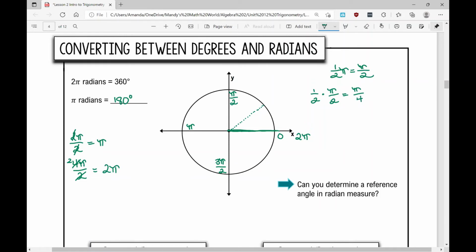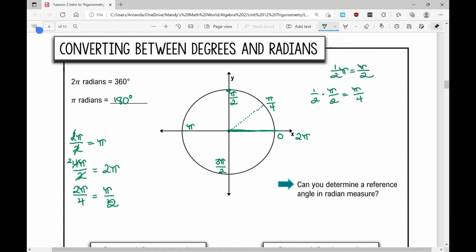Now let's count by fourths. Pi over 4 would be here. All the way up to this point right here is 2 pi over 4. 2 pi over 4 is the same thing as pi over 2.